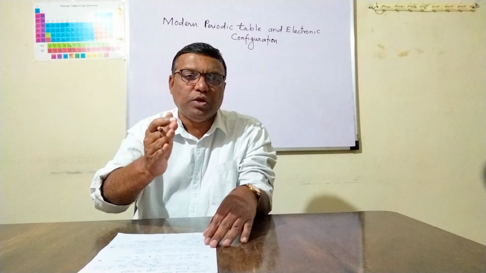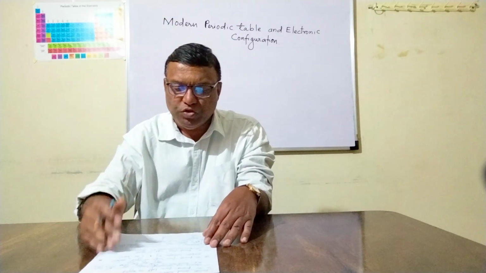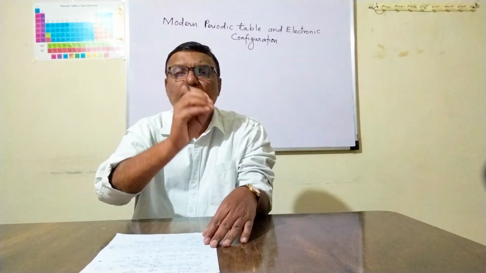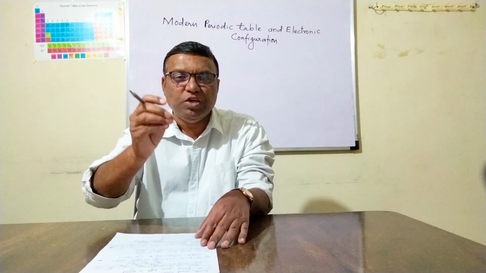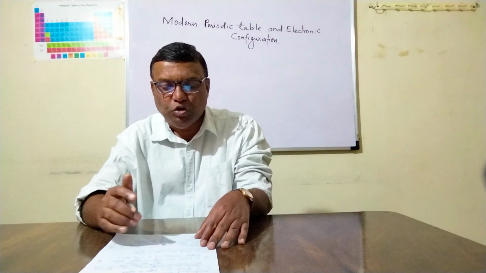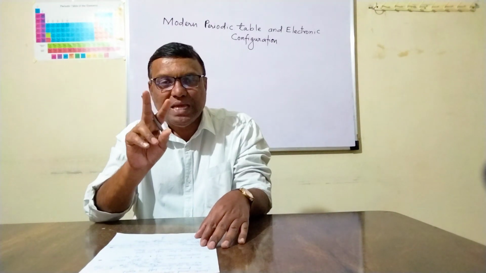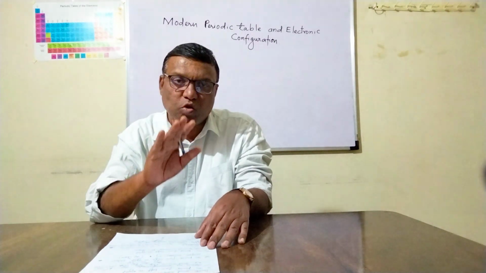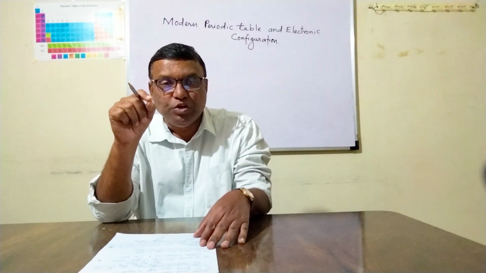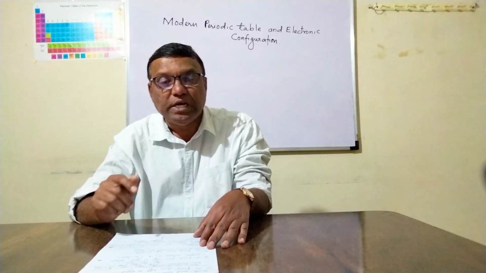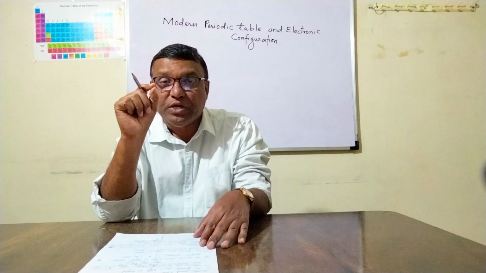Now electron accommodation capacity, in simple words, is called electron capacity. What is the electron capacity of K shell? The electron capacity of K shell is 2 electrons. In K shell, a maximum of 2 electrons can be accommodated. The electron capacity of L shell is 8.